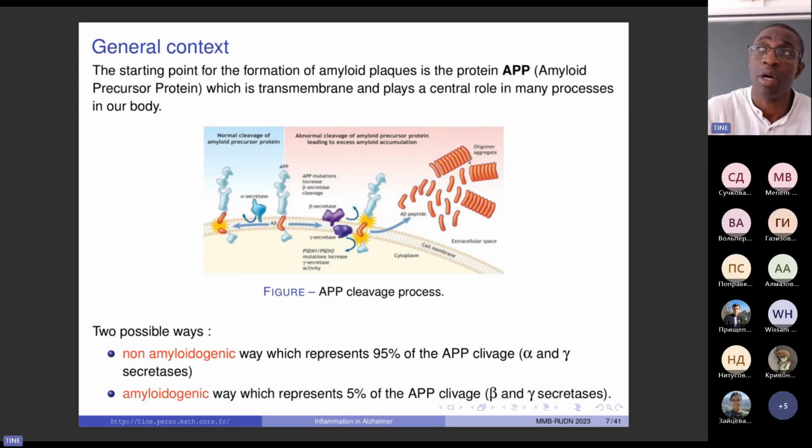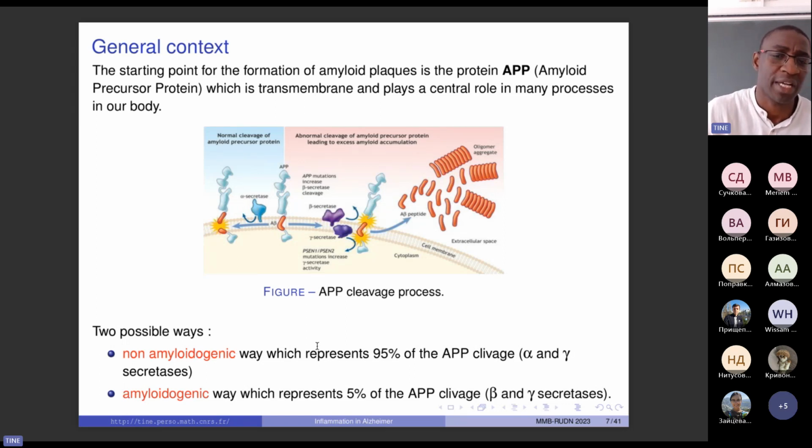This oligomer can also sometimes form what we call plaque. But what we are interested in here is how to understand this process of forming A-beta oligomers. Of course, I talk about the normal cleavage and the abnormal cleavage.